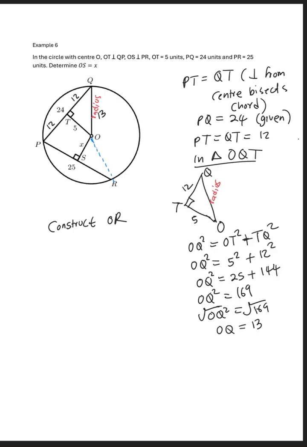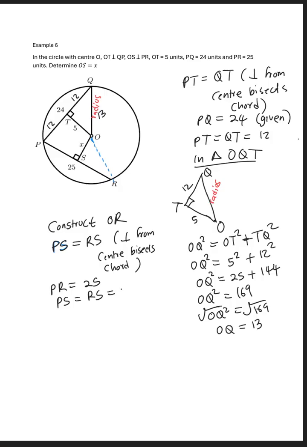Then after constructing OR, we're gonna say that PS is equals to RS, reason perpendicular from center bisects chord, and then we are given that PR is 25, so it means PS is equals to RS must be what? 12.5, because 12.5 plus 12.5 gives us 25.